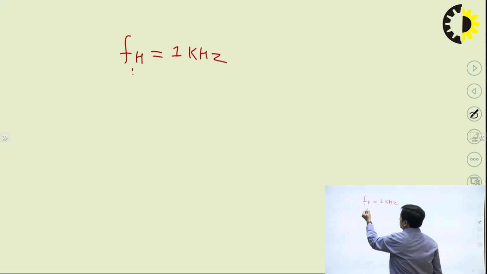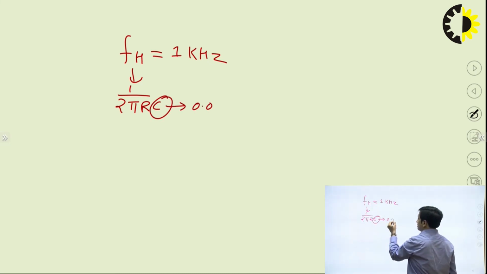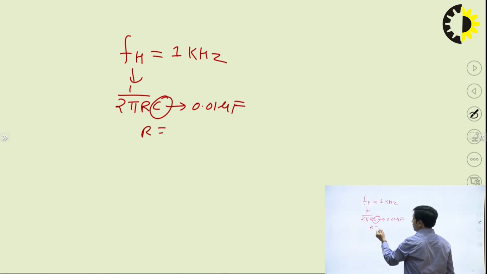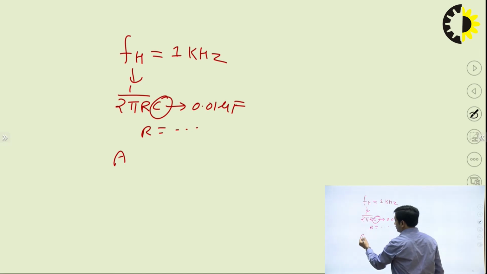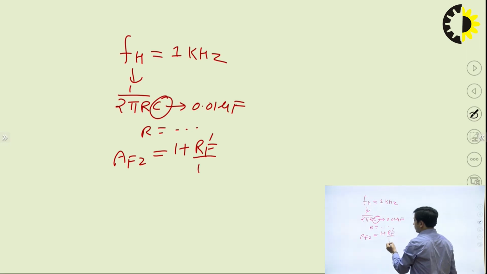Now for the first order low pass filter, fh is equal to 1 upon 2 pi RC. This is fh. Now again one equation, 2 unknowns. You can take C. Let's say C is equal to 0.01 microfarad. Now you can calculate the value of R easily here. Now you know AF2, the passband gain of the first order low pass filter, that is 1 plus RF dash upon R1 dash.